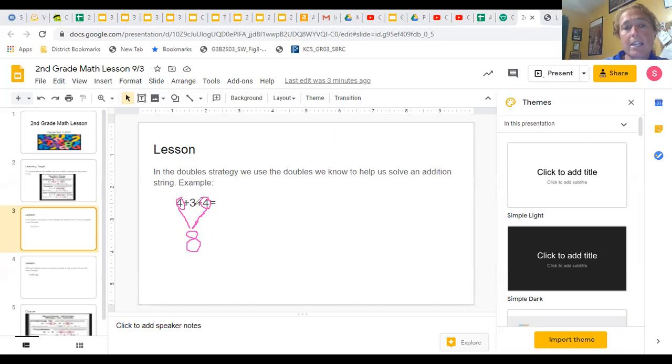Then if we add the 8 to the 3, we get 11. So that is one of our strategies that makes it much easier for us to add numbers together by finding those doubles.